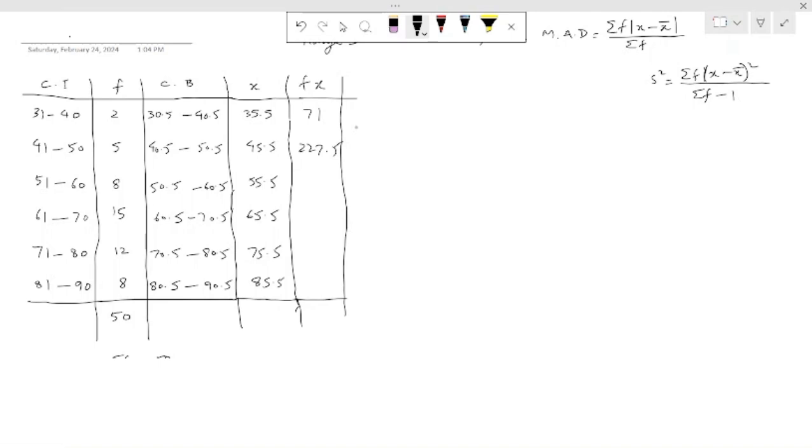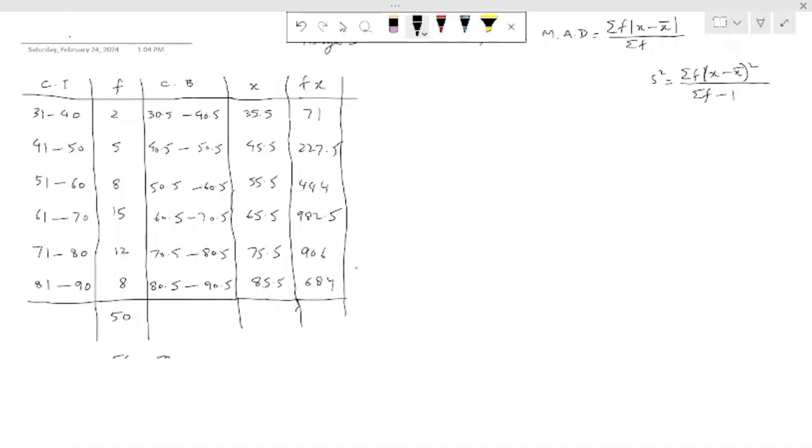Then 55.5 times 8 gives us 444. Then 15 times 65.5 is 982.5. Then 12 times 75.5 gives us 906. And then 85.5 times 8 is 684.